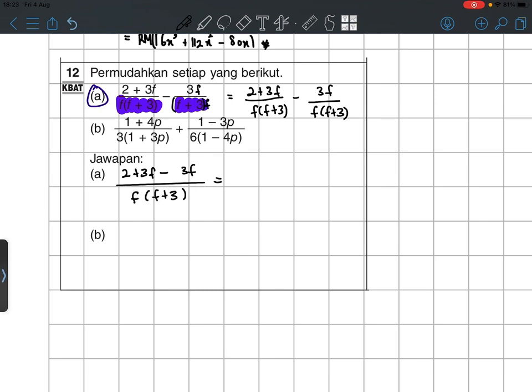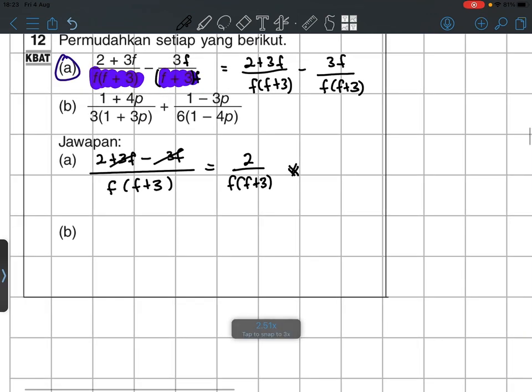Then you just simplify. 3f minus 3f is 0, so we are just left with 2 divided by f bracket f plus 3. It's very simple. What about question B? It's quite different, isn't it?